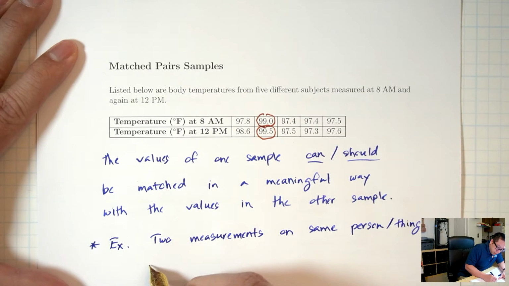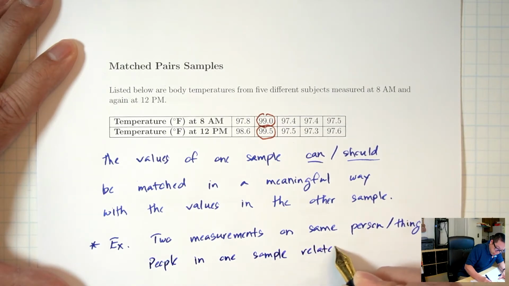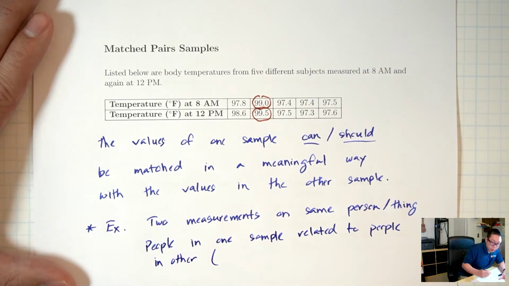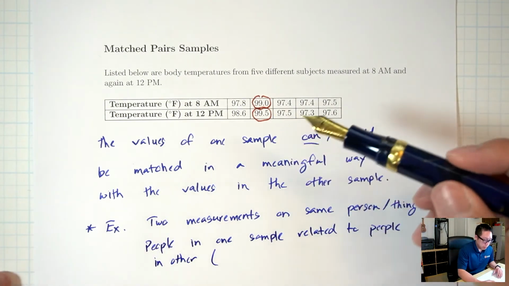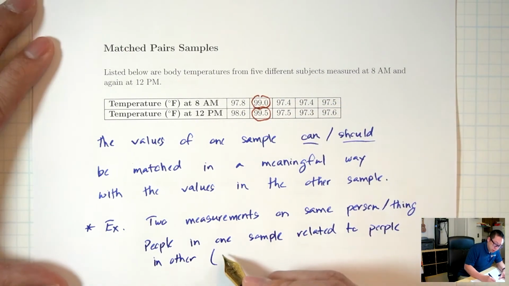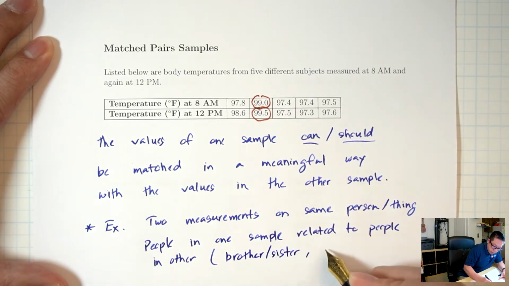So for example, you may have brother-sister pairs or parent-child pairs.